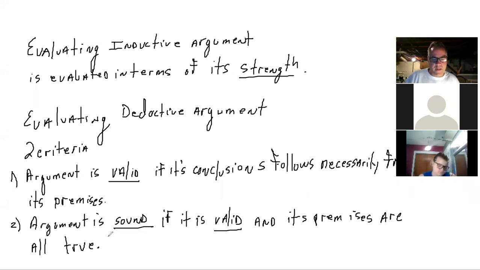So, looking at some examples using a Venn diagram, which you would have worked on in 1C for homework, using a Venn diagram to evaluate a deductive argument. Let's go back to our politician. We had two premises.